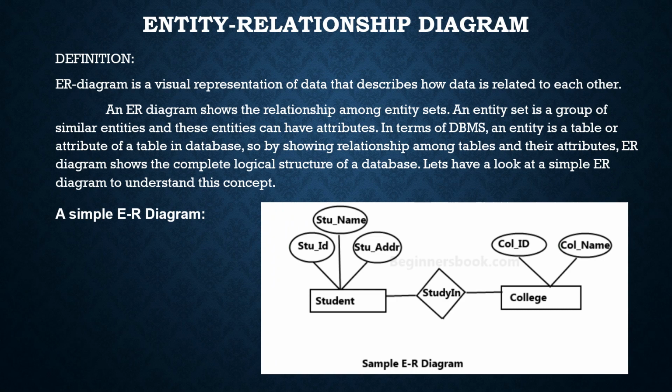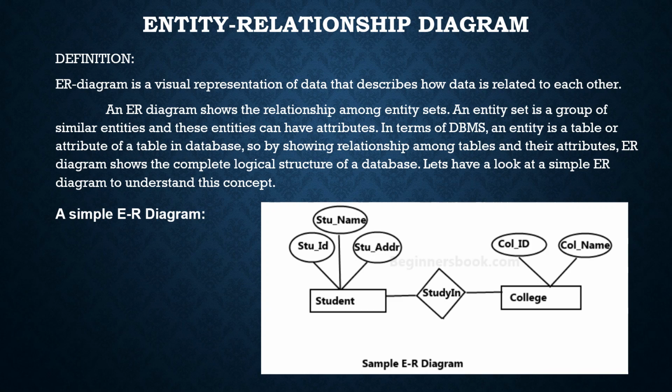It is connected to the relationship, that is 'study in', and another entity is college. So student is connected with college by using the rhombus, or we can say diamond shape, and the diamond shape represents the relationship between student and college. College is connected to two other attributes, college ID and college name.